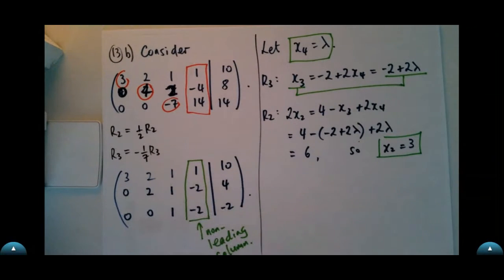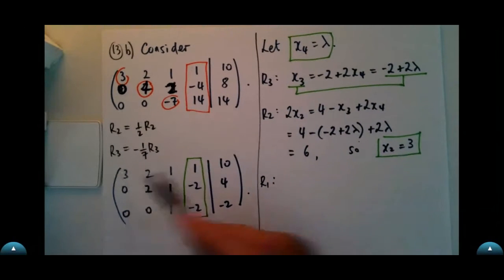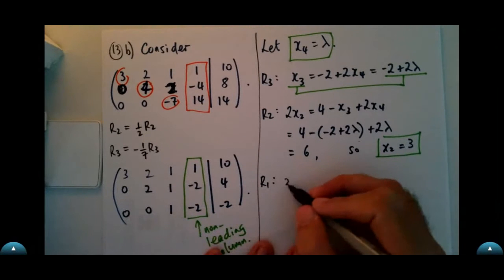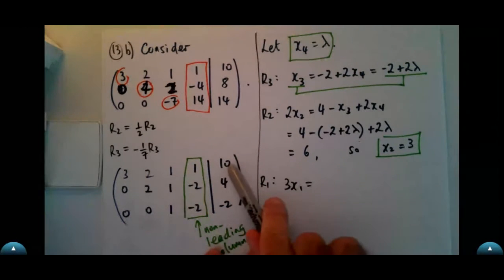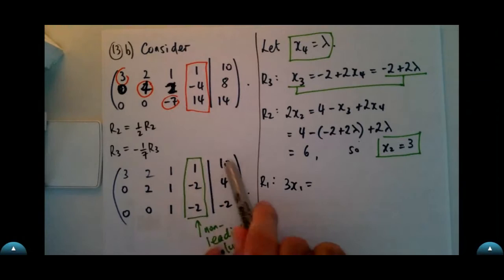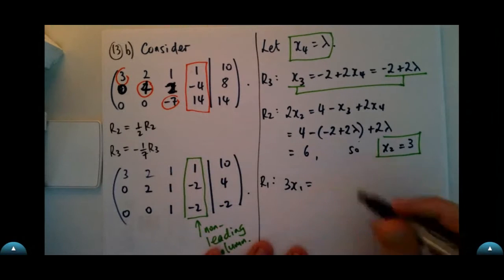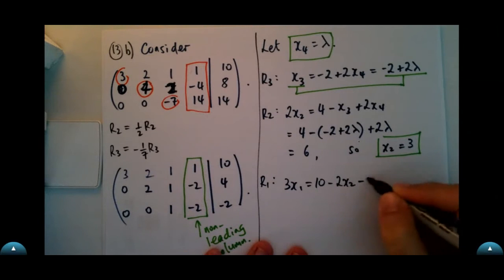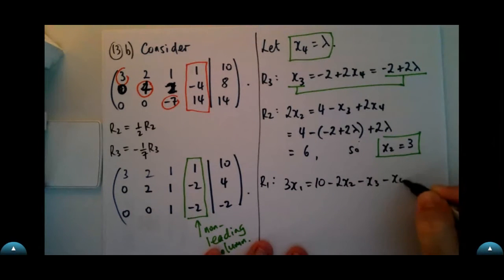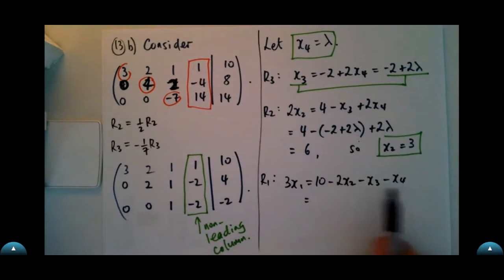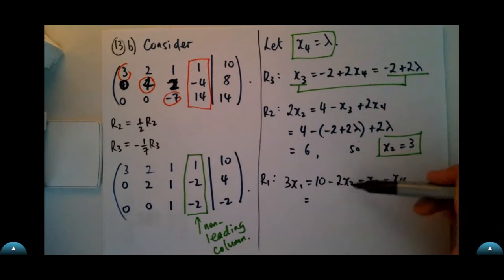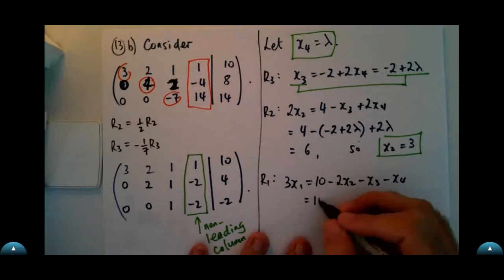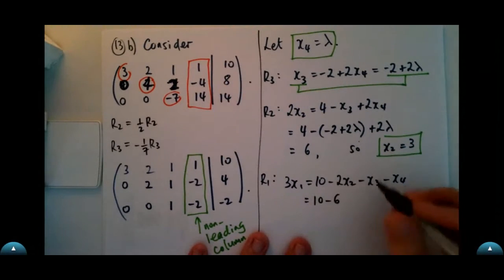And finally, from row 1, we're going to get 3x1 equals 10 minus 2x2 minus x3 minus x4. So all we need to do now is put these things in for x2, x3, and x4.